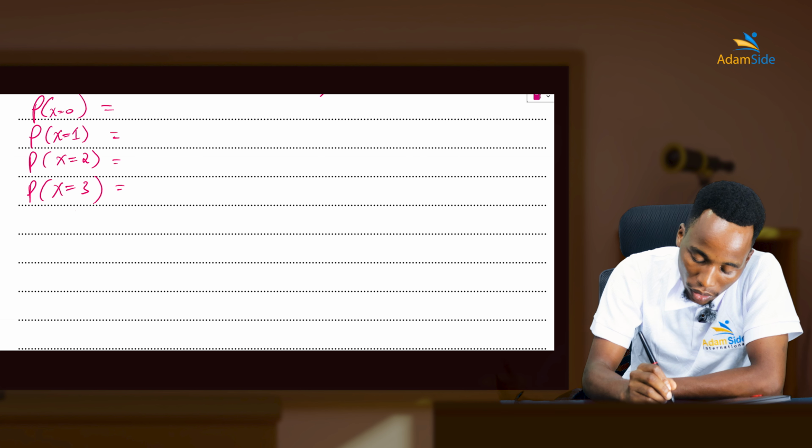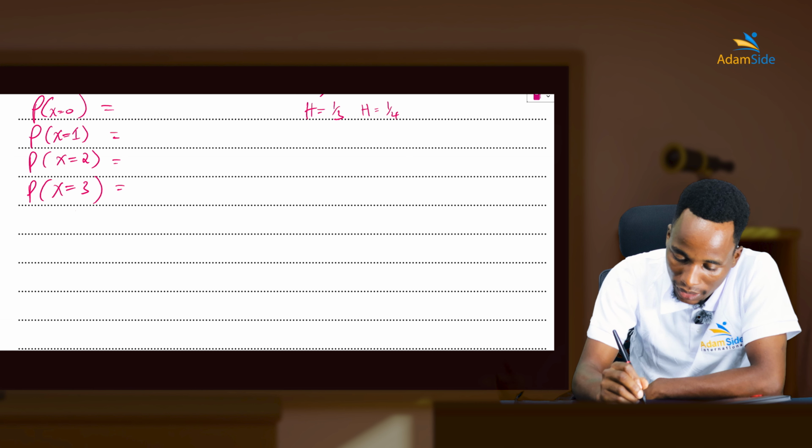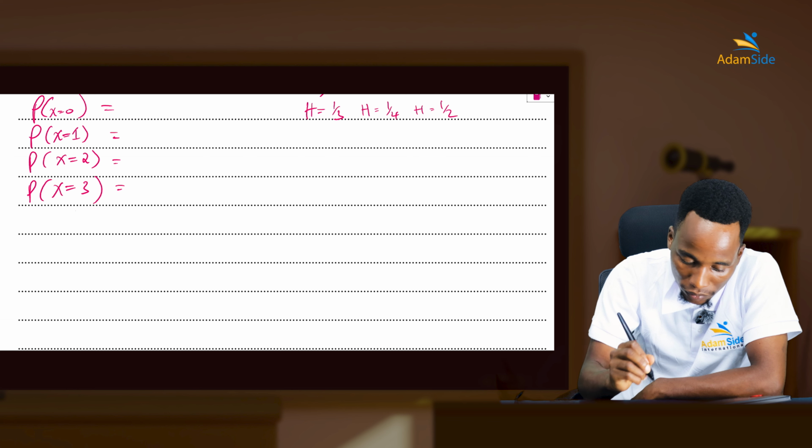We know the probability of getting a head for the first coin is biased, so that is 1 of 3. For the second coin, head is 1 of 4. And for the third coin, it's fair, so the probability of getting a head is a half.